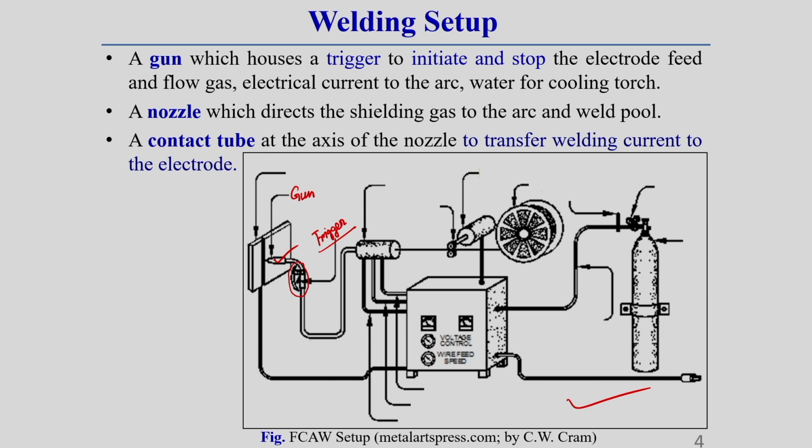Sometimes I show this gun in a little clearer way, then it will be more clear to you. Let this be the electrode; this electrode is passing through a tube, which is called the contact tube.